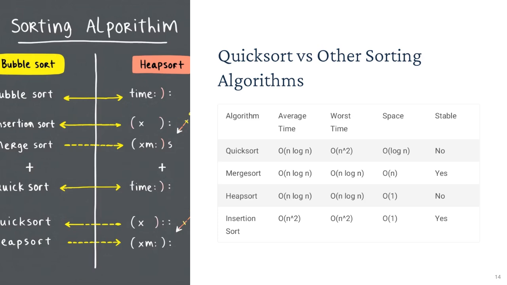In terms of space complexity, Quicksort is more efficient, requiring only O(log n) additional space, while merge sort requires O(n). Quicksort is not a stable sorting algorithm, meaning it does not preserve the relative order of equal elements. Merge sort, in contrast, is stable, making it a better choice for applications where stability is critical. Despite these trade-offs, Quicksort's adaptability and speed make it a preferred choice in many scenarios.